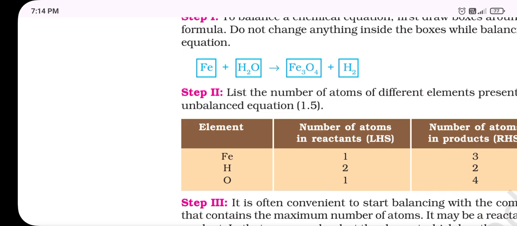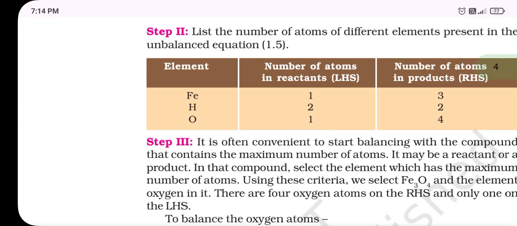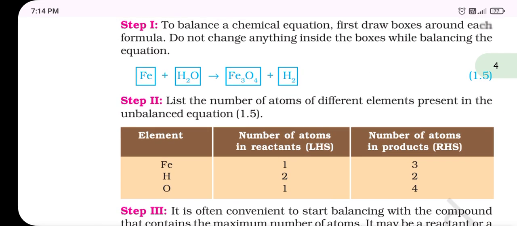Fe3O4. This compound contains the maximum number of atoms of oxygen and iron. So I start first with oxygen. Then after balancing the oxygen, we move to maybe iron or maybe hydrogen.